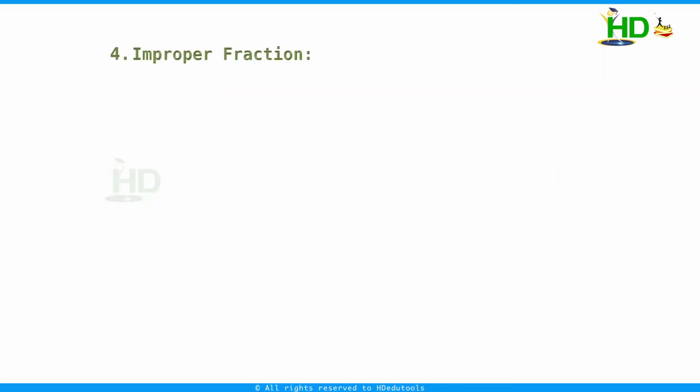Improper fractions. Consider these fractions. In this fraction, the numerator 7 has two 3's and one part of 3. That is, 7/3 can be written as 2 into 3 plus 1 by 3. In this fraction, the numerator 8 has one 5 and 3 parts of 5.